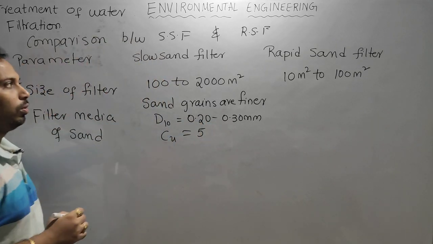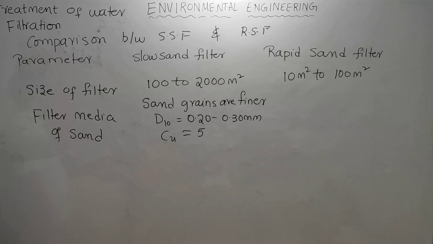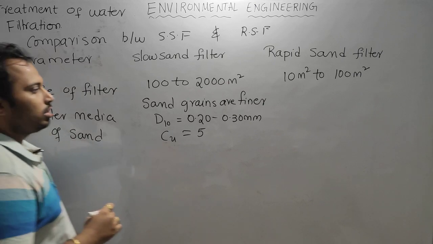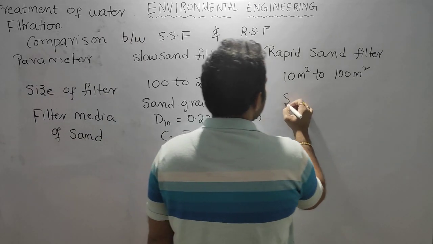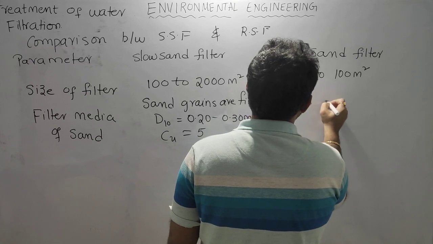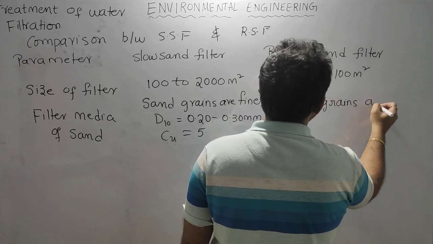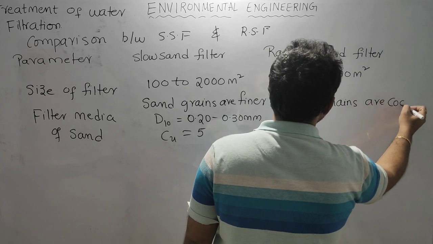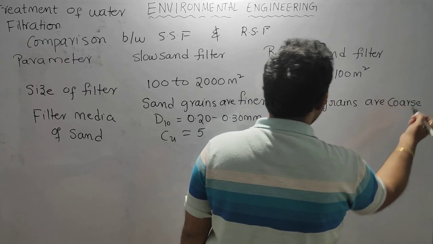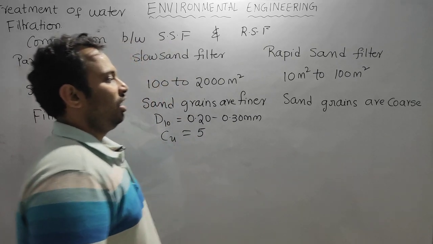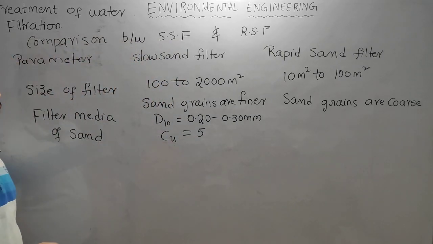Whereas in rapid sand filter sand grains are little coarser, because in order to have more rate of filtration, we need coarser material so that the void spaces will be larger.